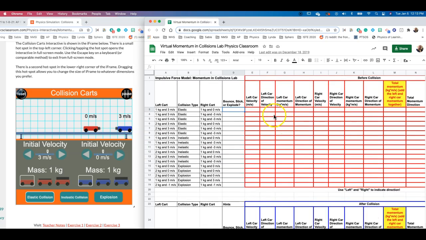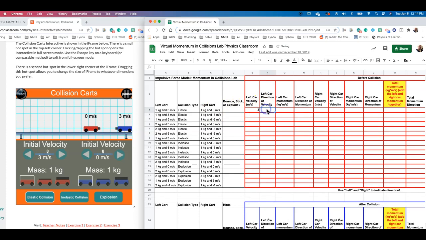So when you start, what you'll want to do is, it says, first off, what is the left car velocity? And that's before the collision. So remember, we started with a velocity of 3 meters per second. So we're going to put that in. That's positive. The left car direction of velocity, it was moving towards the right. So we'll put that in.